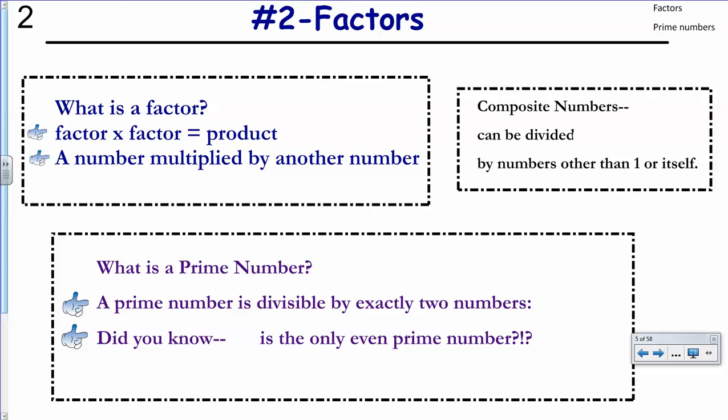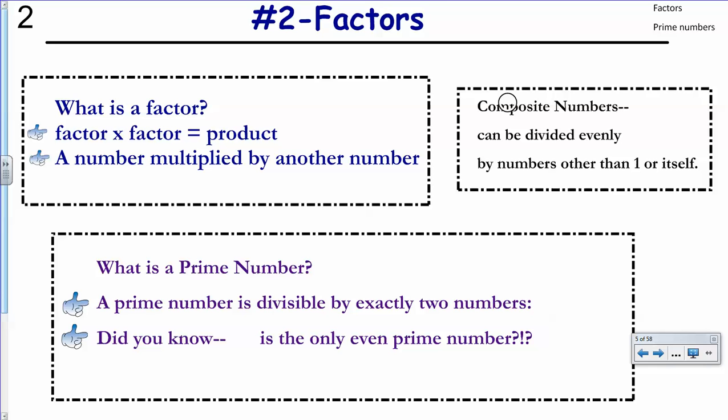So when we talk about factors and numbers being able to be multiplied by each other, we have a composite number if it can be divided evenly by numbers other than 1 or itself. So you need to write in evenly in your notes packet here. Composite numbers mean I can be divided evenly, so no remainders, by numbers other than itself and 1.